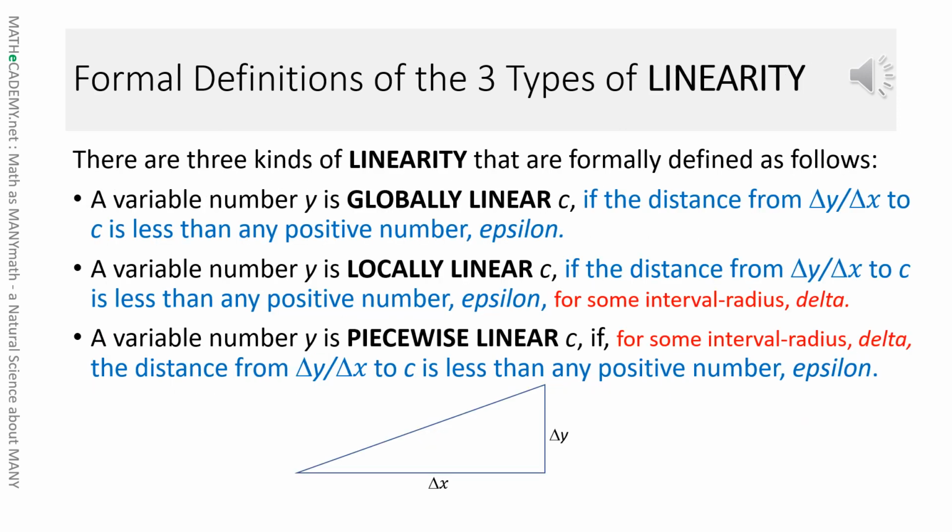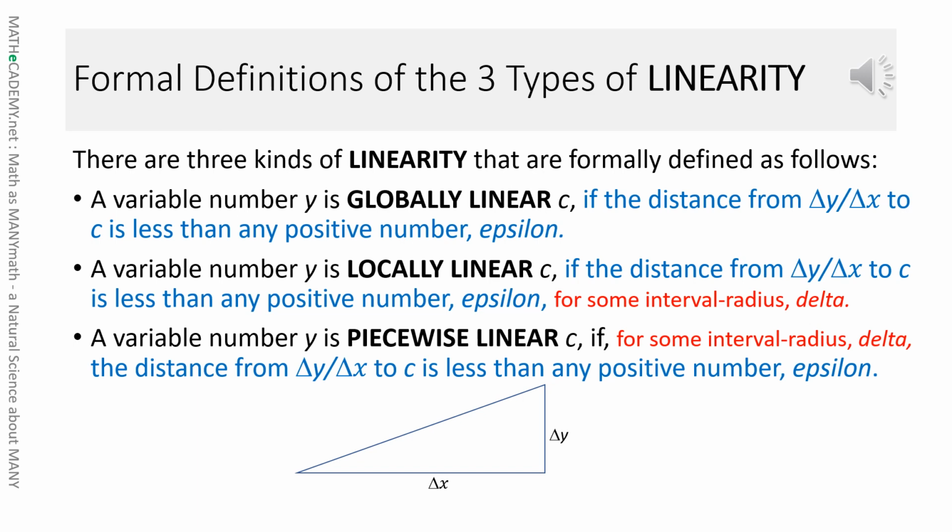Likewise, there are formal definitions for the three types of linearity. They are defined as follows. A variable number y is globally linear, c, if the distance from delta y over delta x to c is less than any positive number, epsilon.